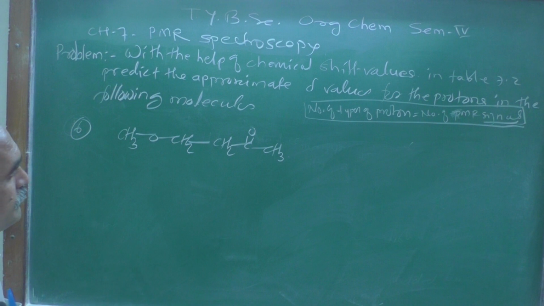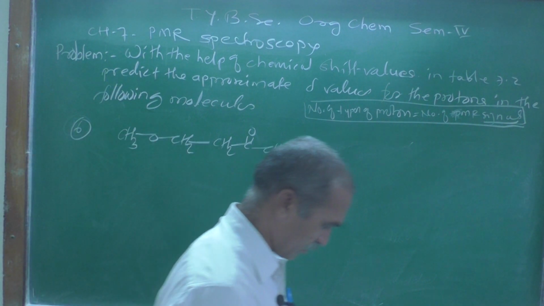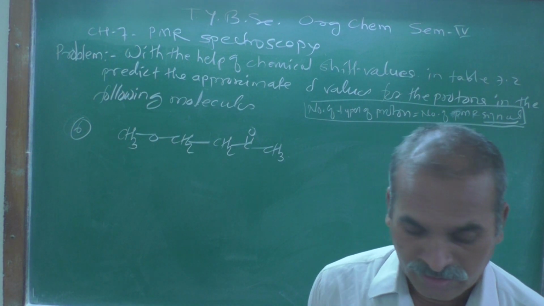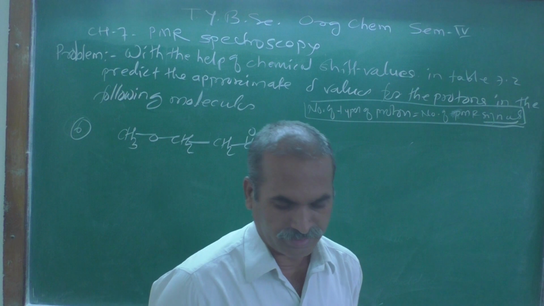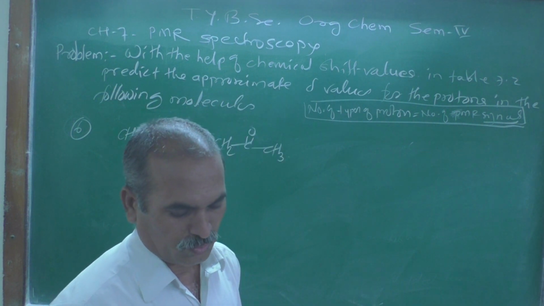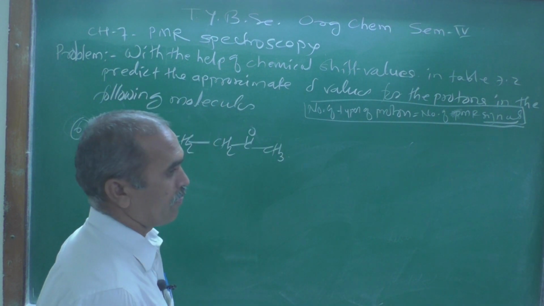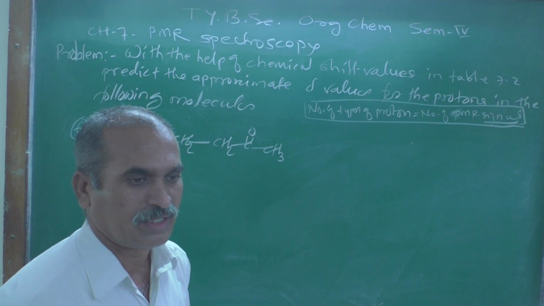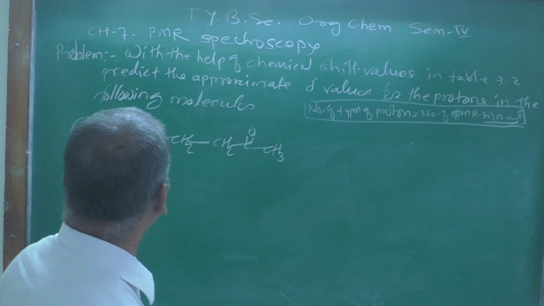This is the compound which I have written on the blackboard. Now you have to find out how many types of protons are present, how many signals you are going to get.